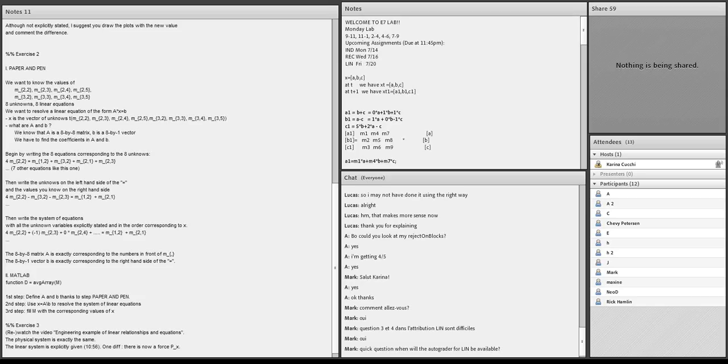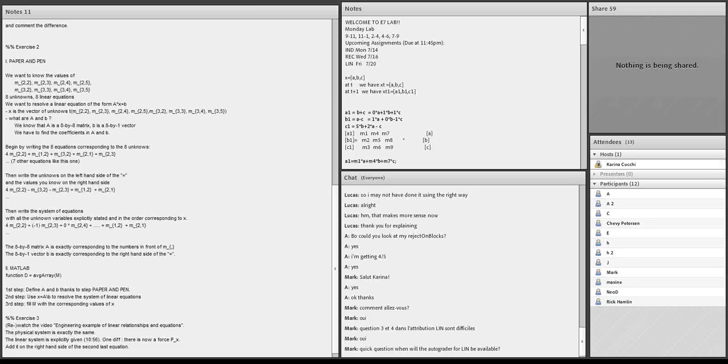Pay attention, there is one difference. There is now a force px that is acting in the horizontal direction. So you'll have to slightly modify the system of linear equations that is given in the video. You will have to add this force px on the right-hand side of the second last equation.